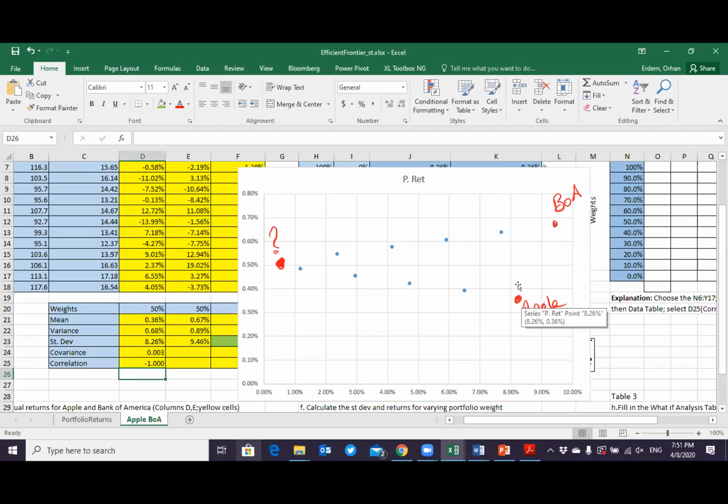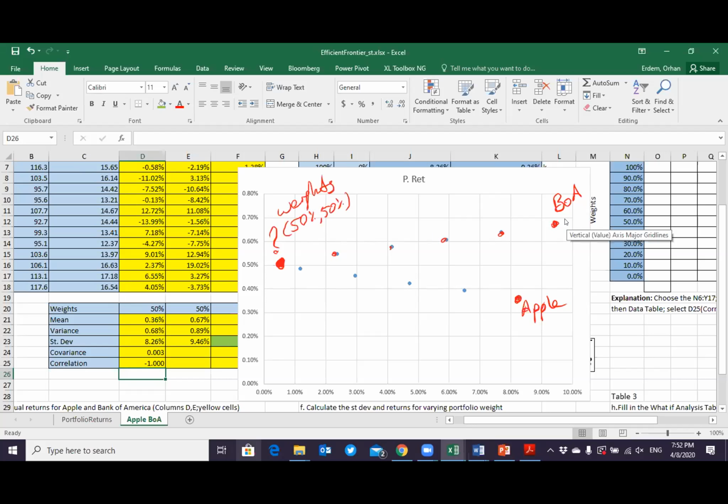If they are negatively correlated, these 10 dots are the corresponding portfolios with the corresponding weights, like 100%, 90%, etc. And this red one, let's say if this is 100% Bank of America, 90% Bank of America, 80, 70, 60, so this is 50. So 50%, 50%, these are the weights, by the way.